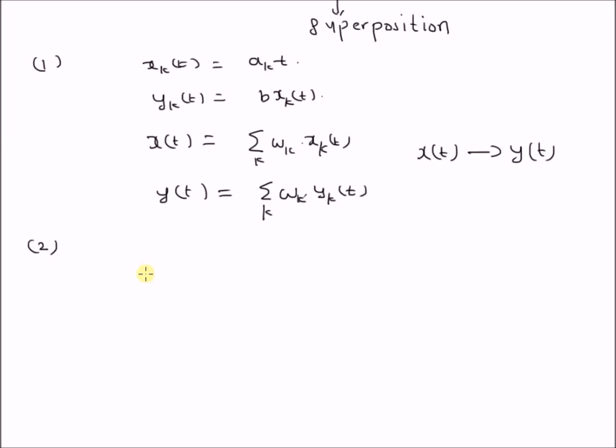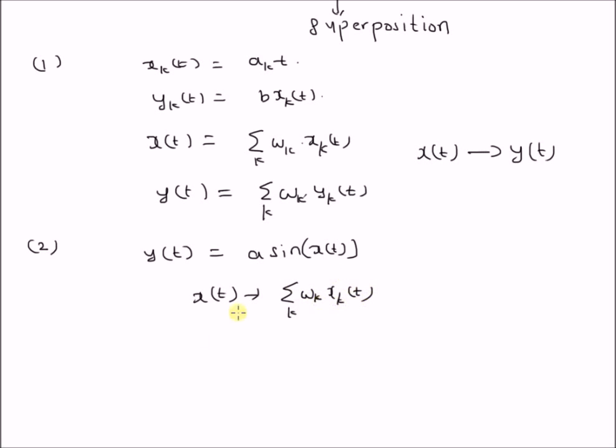Now let us look at another system which is not a linear system. Say we have y of t equal to a times sine of x of t. Since sine is a nonlinear function, the system is also a nonlinear system. We can verify that by changing the input x of t to a linear combination, the sum of wk times xk of t.